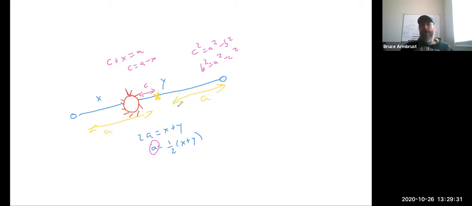Helios is sun, geo, Earth. So apogee and perigee are the same thing for the moon going around the Earth as aphelion and perihelion are for the Earth going around the sun. So same argument, same picture, just different scale. Anyway, cool.